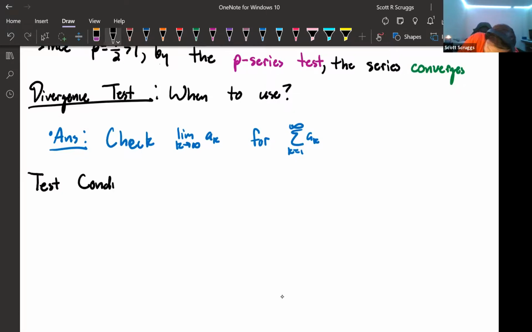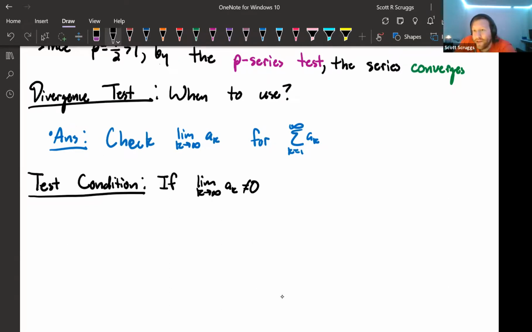And from that, my only test condition for the divergence test is if I took that limit and it does not go to 0. Now, it does not go to 0 means it could go to another number, like 1, -2, 5, 42, anything else. It could go to positive or negative infinity, or that limit may not exist.